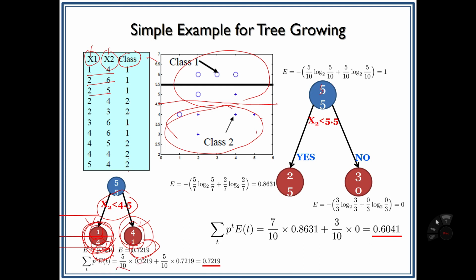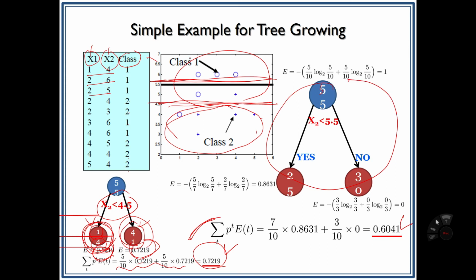Then the weighted average of information entropy becomes 0.7219, and this value is greater than the previous one. By comparing these two, we know that the first split is better than this one, so we choose it.